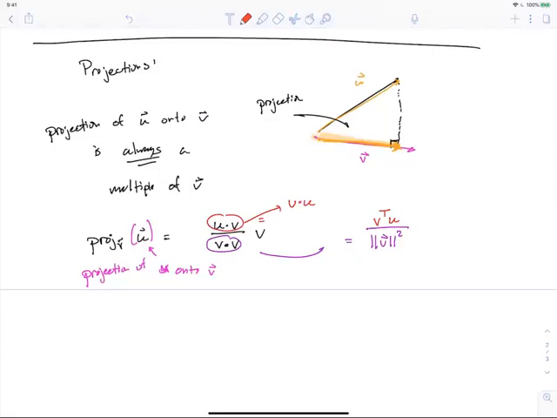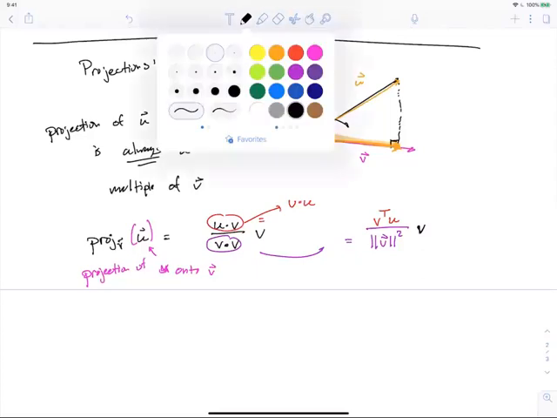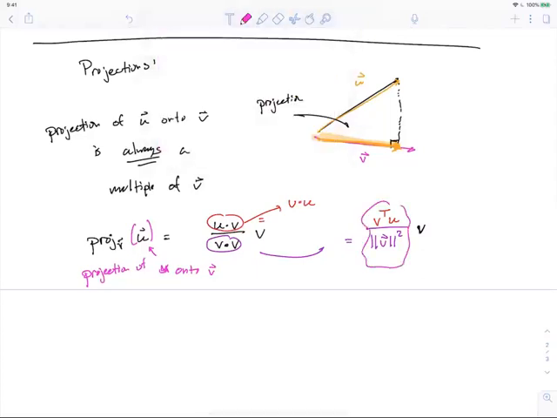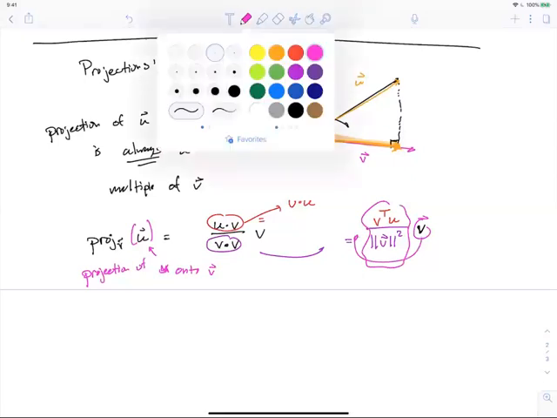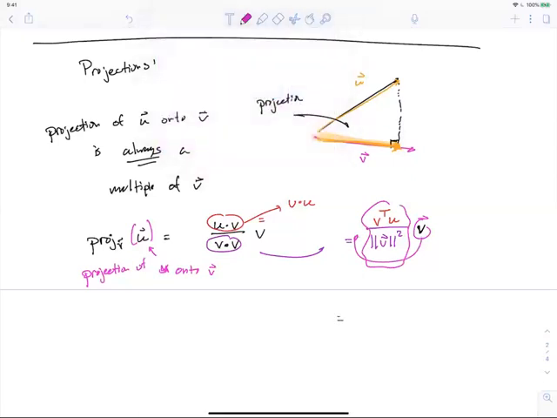And we're going to put this v over here too. Now, this is just a number. All this right here is just a number. So this is a vector. We can move it around. We're going to move it out in front and combine it with v. We're going to put it in the numerator. v transpose u over the norm of v squared.